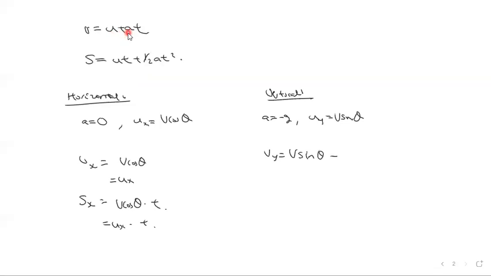Think of that as vy equals uy minus gt. And your sy is going to be v sin theta times t minus half gt squared, otherwise known as uyt minus half gt squared. So those are your formulas.